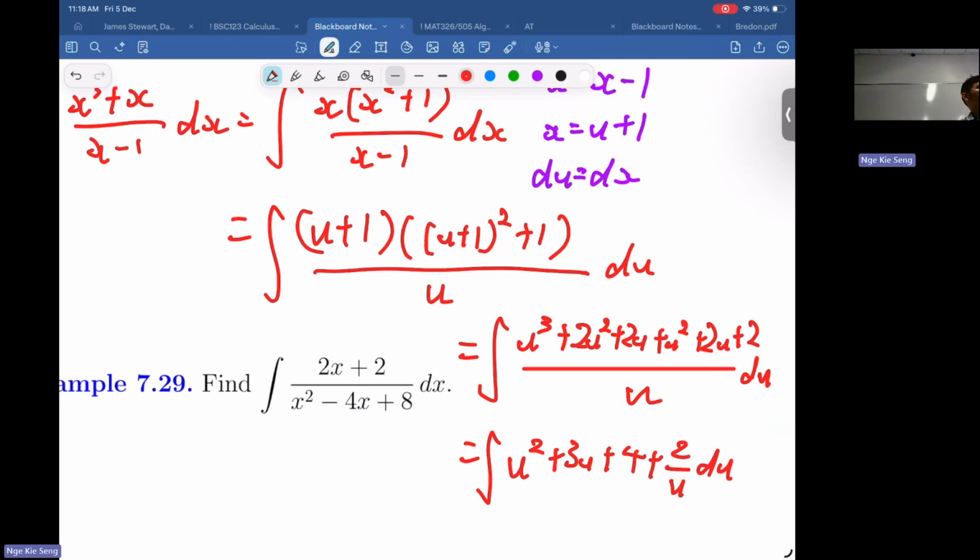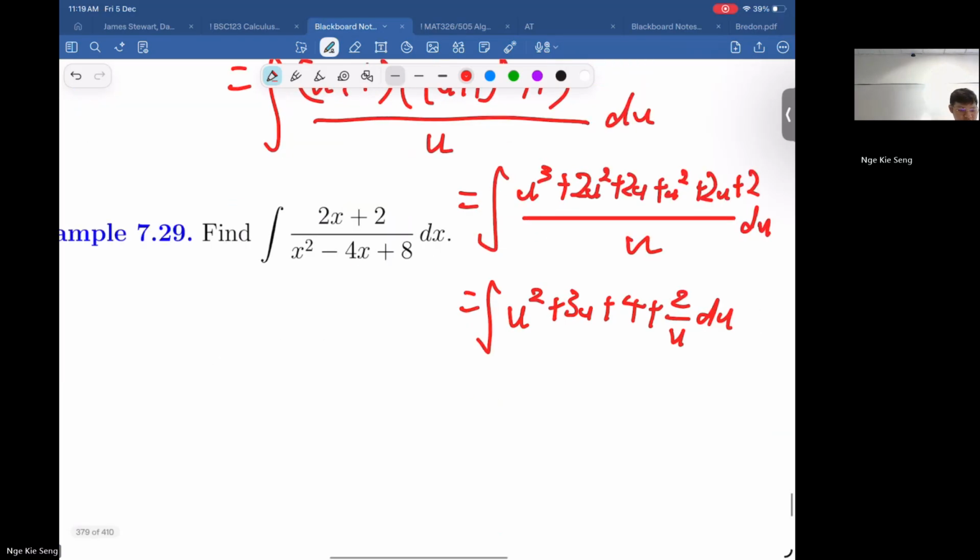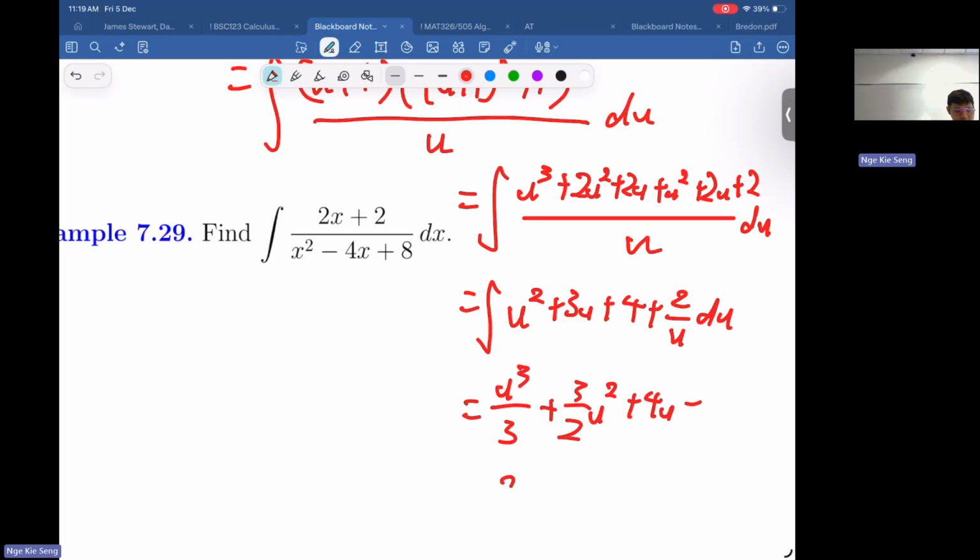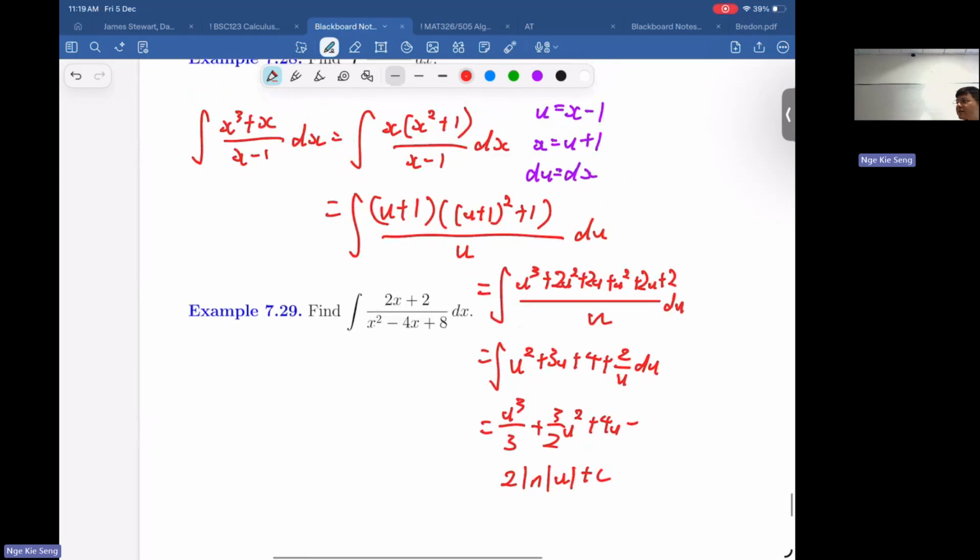Integrate every term here. Any term that you don't know how to integrate or not? So you get u cubed over 3 plus 3 over 2 u squared plus 4u plus 2 times ln of absolute u plus c. This is in terms of u, but your question is in terms of x.